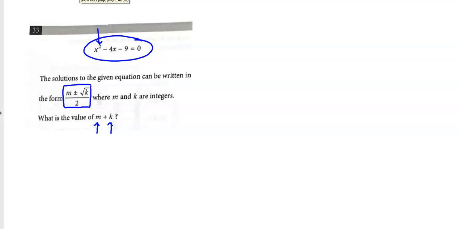So let's just go over the quadratic formula really quick. Standard form is ax squared plus bx plus c. So in this equation, for mine, the coefficient in front of x squared, a, is just 1, b is a -4, and c is a -9.